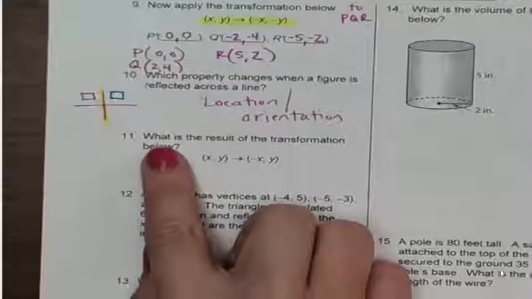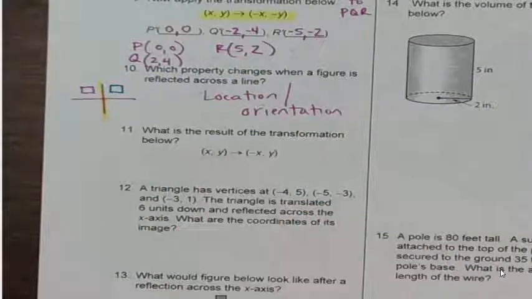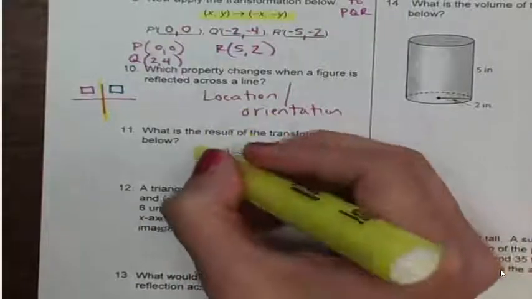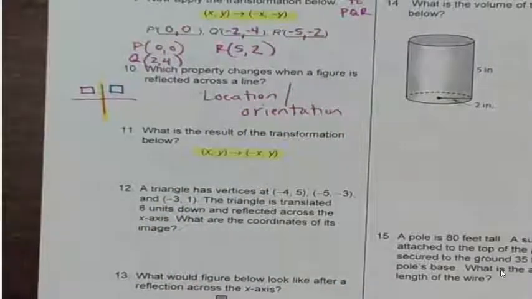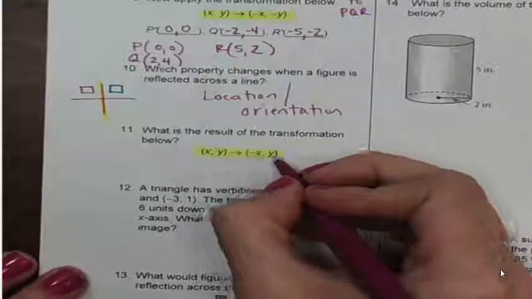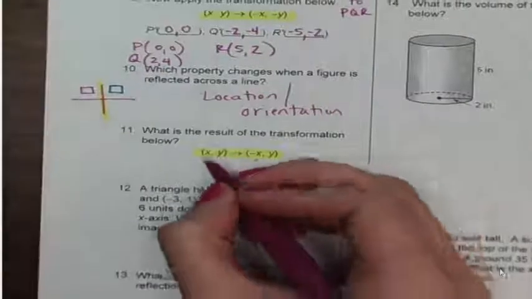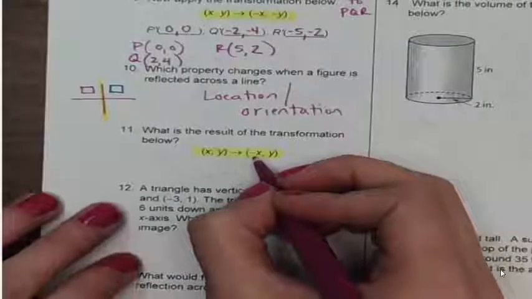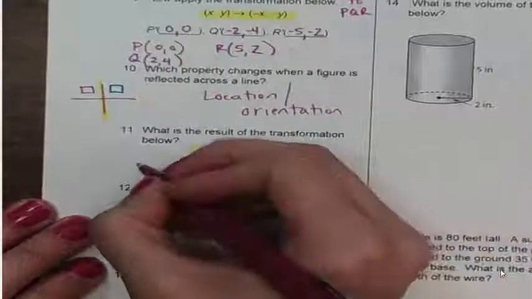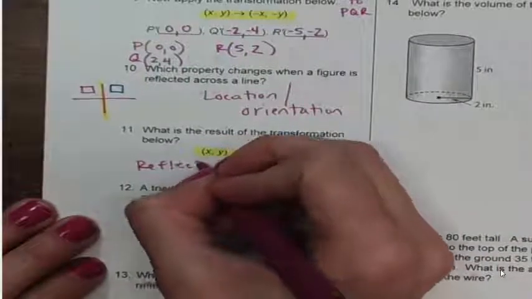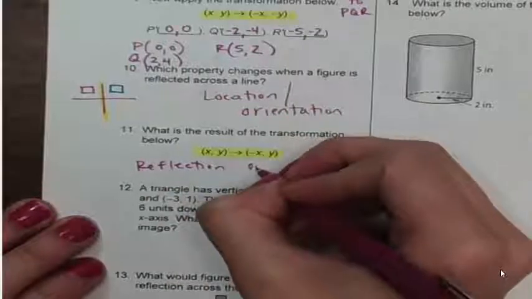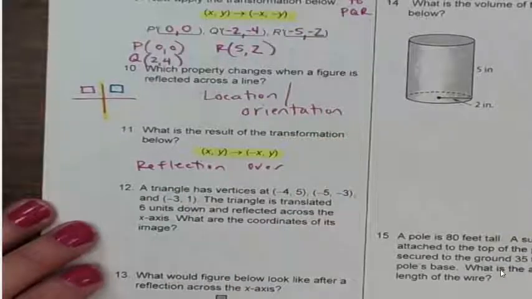Okay, number 11 said, what is the result of the transformation below? Remember that you have to memorize these. We could plot some points and see what happens, or you can just remember that if the y stays in the same place but the x changes, with this it's a reflection over what axis?